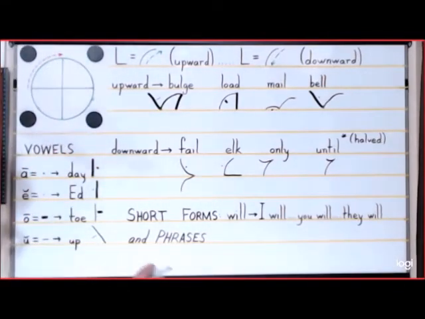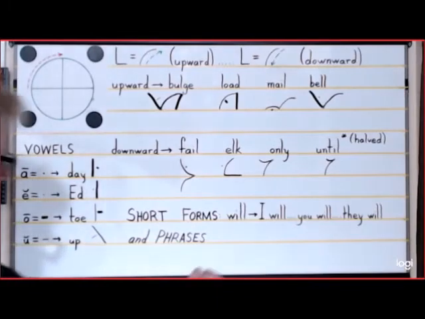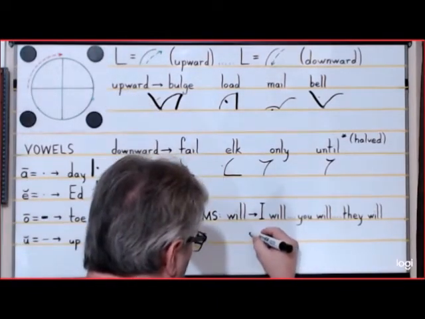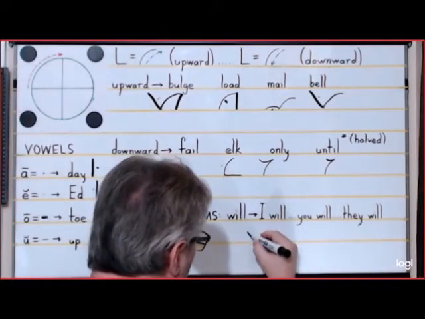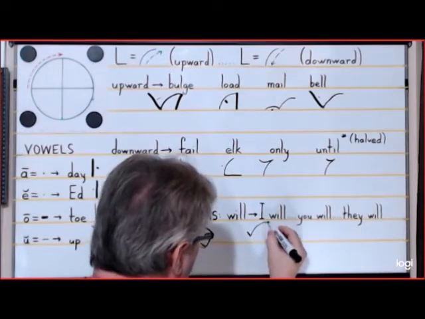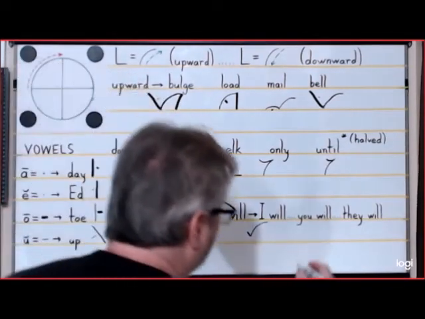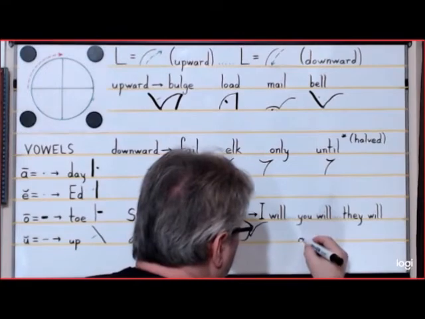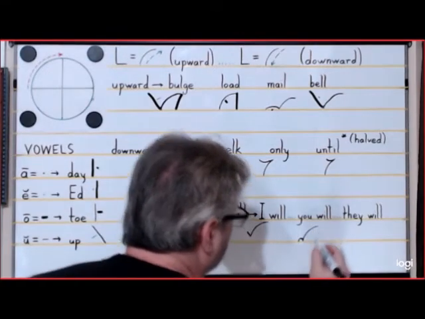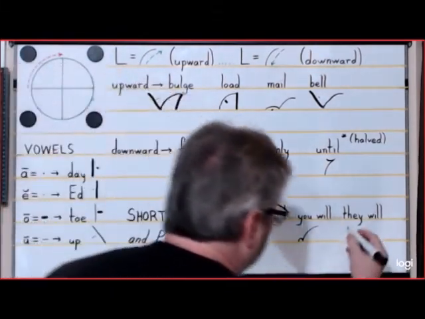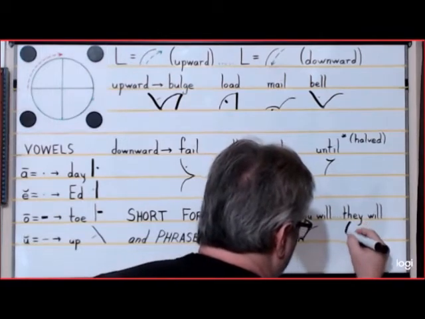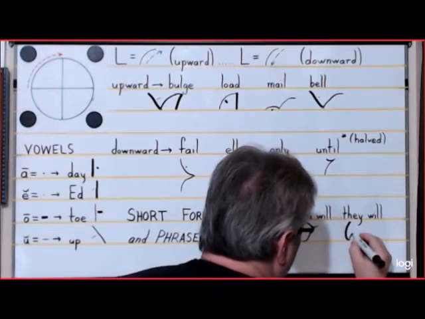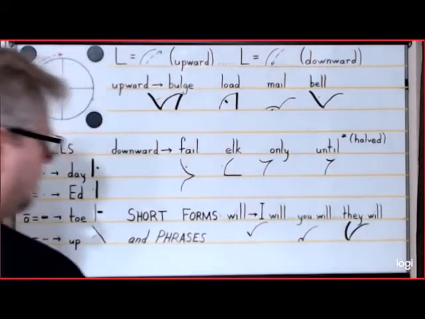So for the phrase I will, we use a small downward tick for the word I, and then an upward L. You will is a U and an L. They will is the thick TH, and then an upward L for will.